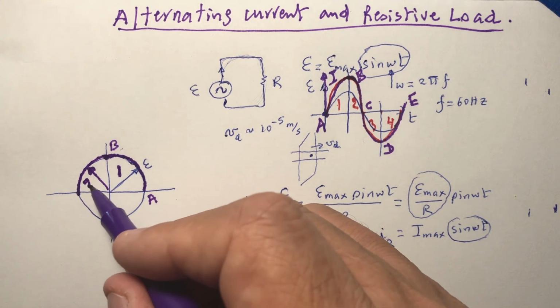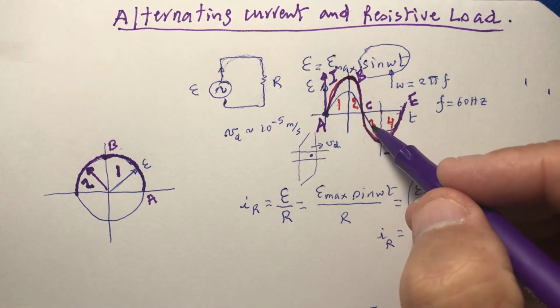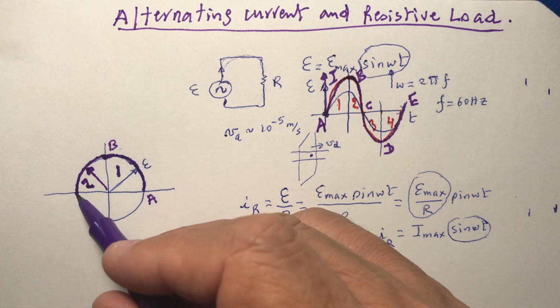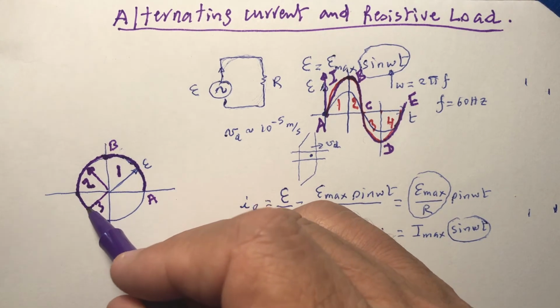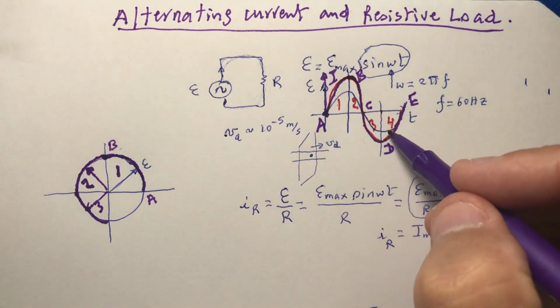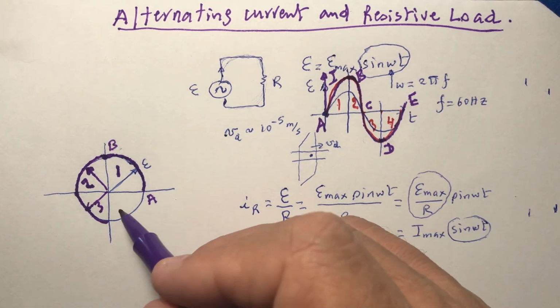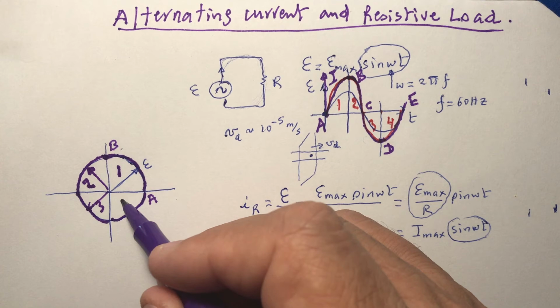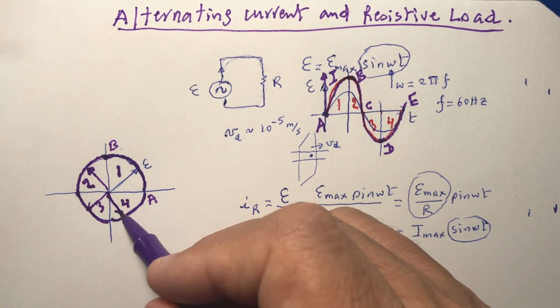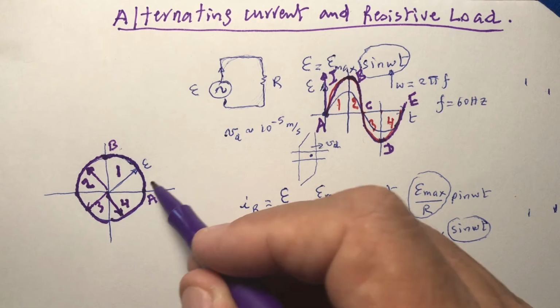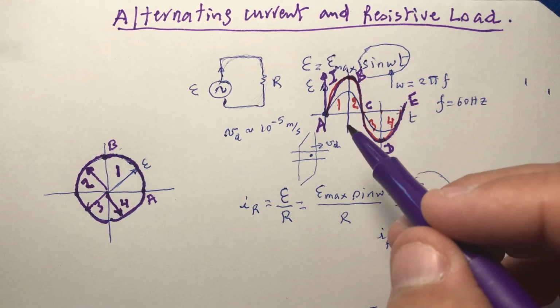And this is quadrant 2. When it goes to 3, it keeps going down. Now the phasor is here in quadrant 3. When you go from here to here, the last quadrant is 4. So the phasor is going up. When it gets here, it finished the wave.